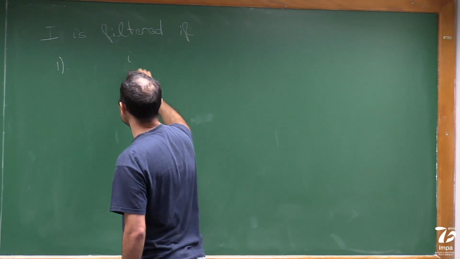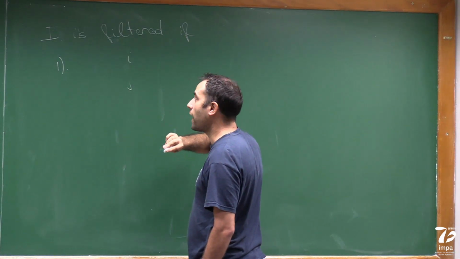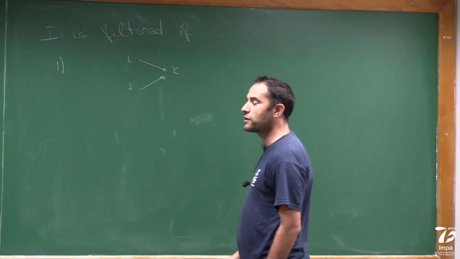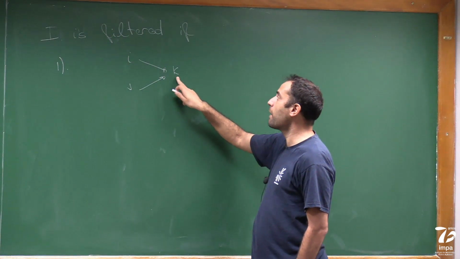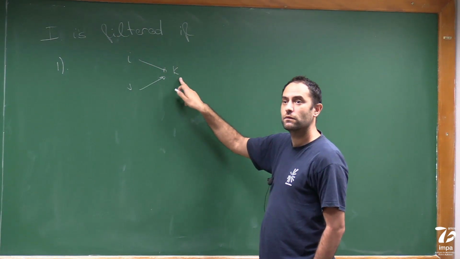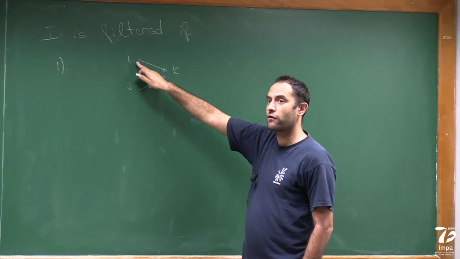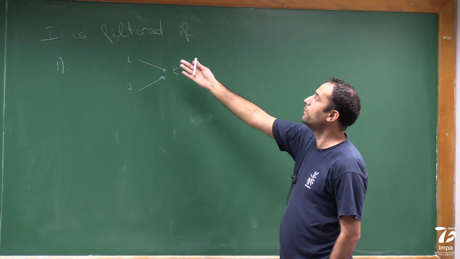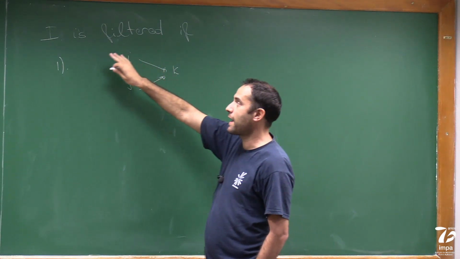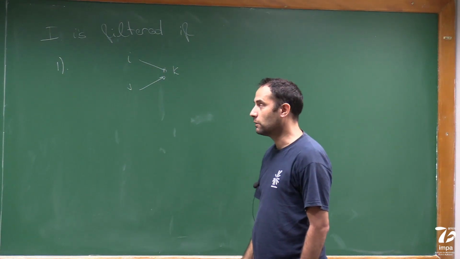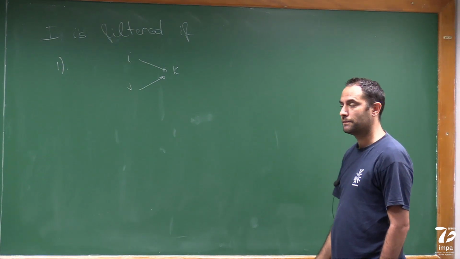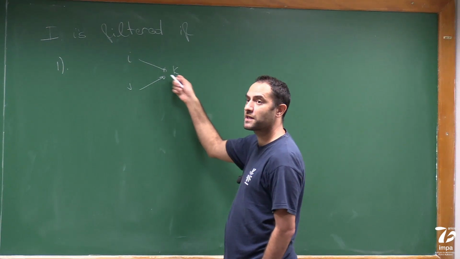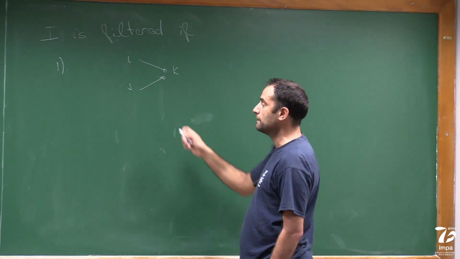If you give me any two objects of I, I want there to be a larger object. I'm saying larger meaning just there exists some other object in I with arrows receiving arrows from both i and j. I'm saying larger because I'm thinking of an example. The example that I'm going to have in the back of my head is that I is going to be some partially ordered set. So this would mean, well, I don't know how to compare i and j, but there's some object that is larger than i and j.